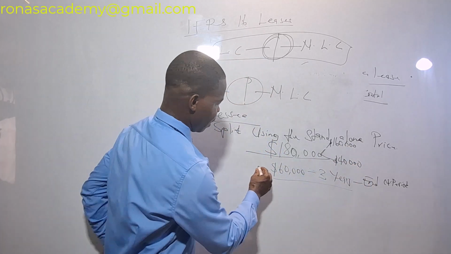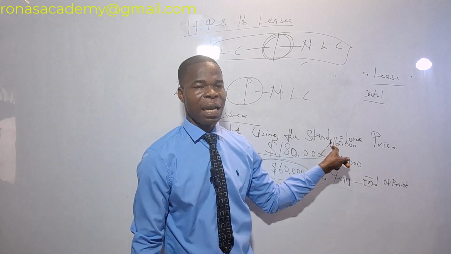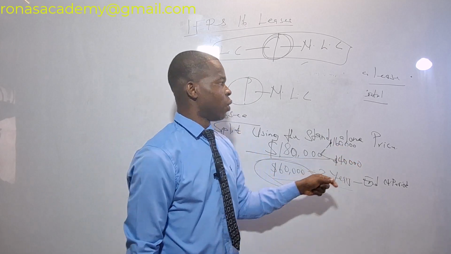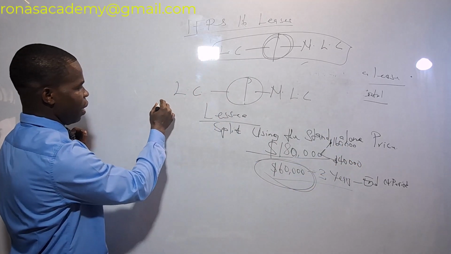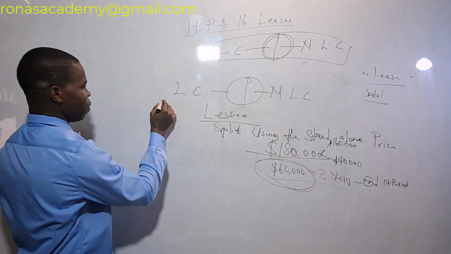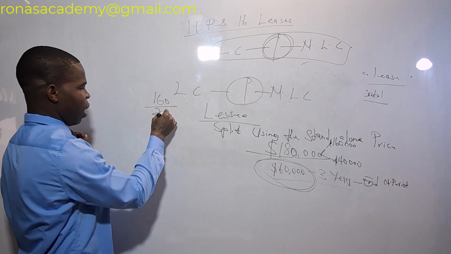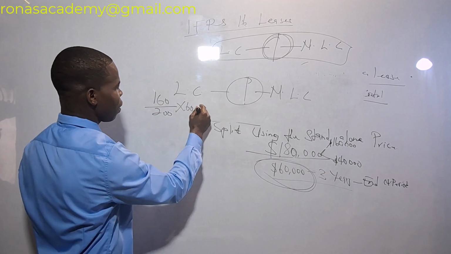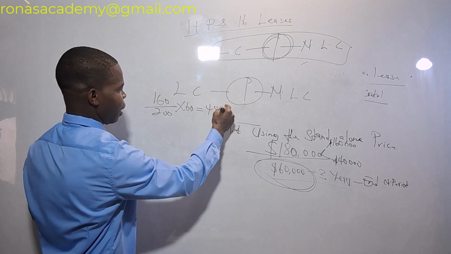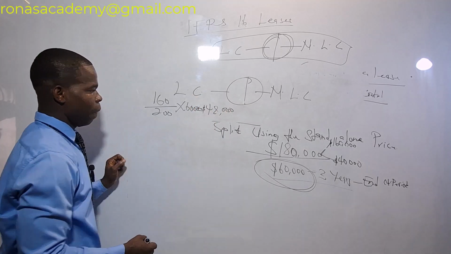Now, this 60,000, which is the lease payment, must be split using the stand-alone selling prices. For the lease component, it is the summation of these two, so 160 divided by 200 times the 60,000, which gives us 48,000.